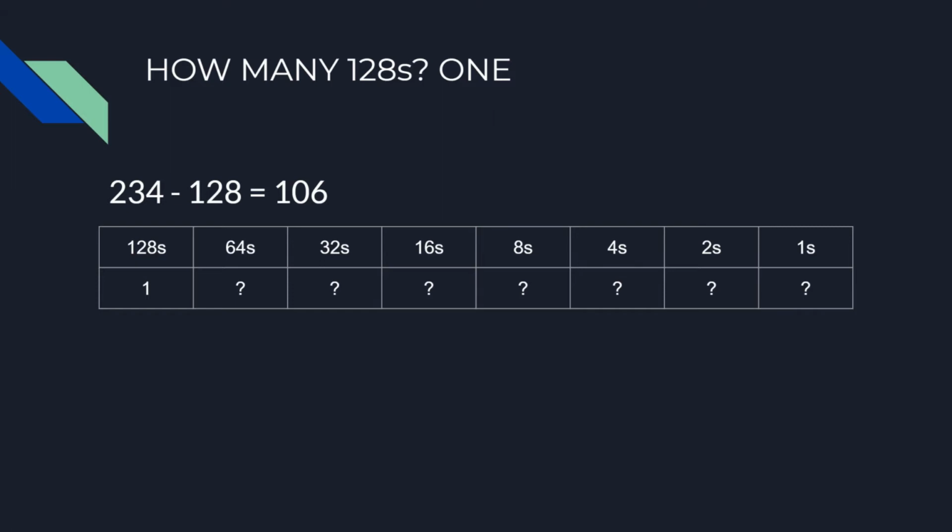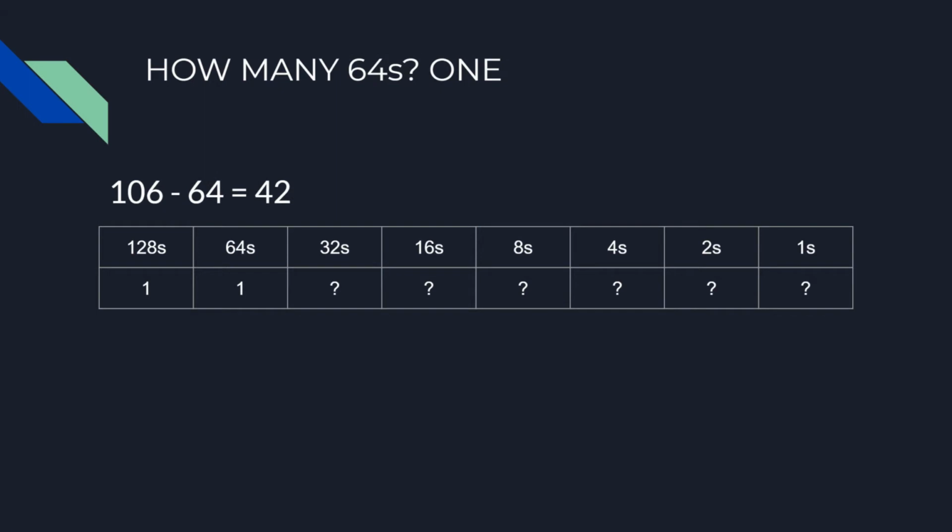If you don't, you aren't using enough digits to hold it. So back to the question. The answer is we have 128. So again, we take 128 out and we are left with 106 and put a 1 in the 128's place.